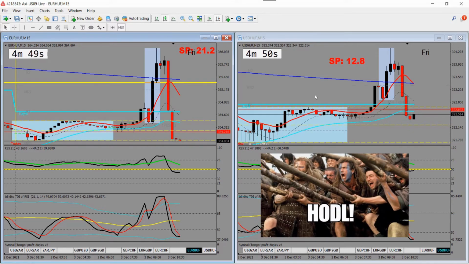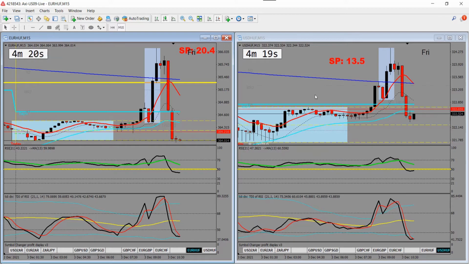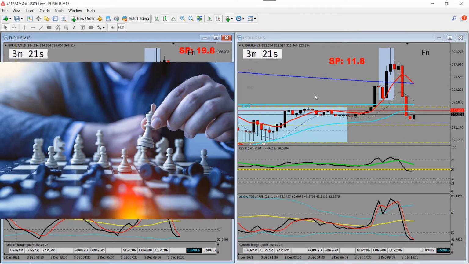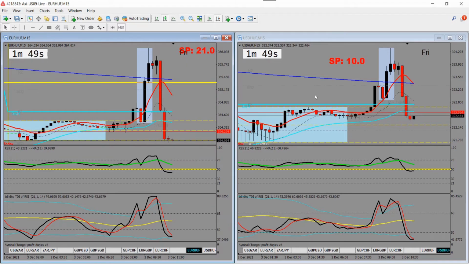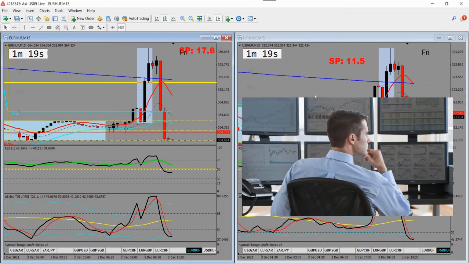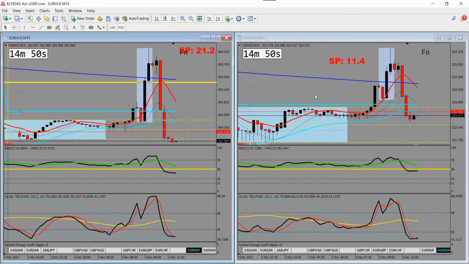There's no process. Guys, you need a process. You need an entry. You need rules to manage the trade, and you need an exit. This is a business, so you have to treat it as such. If you treat this like a hobby, you will get results like a hobby.